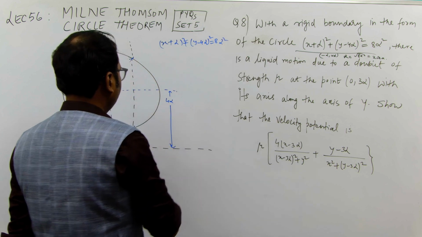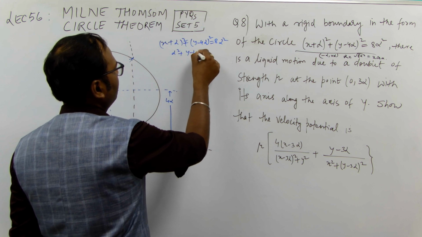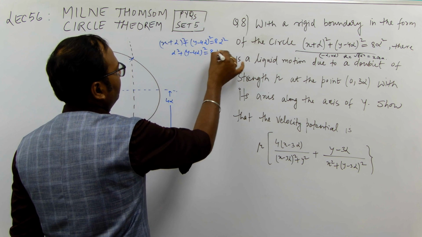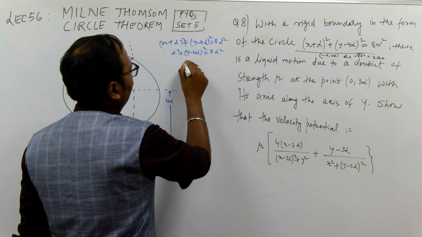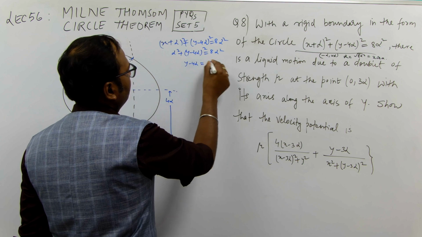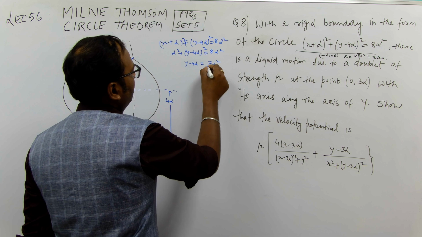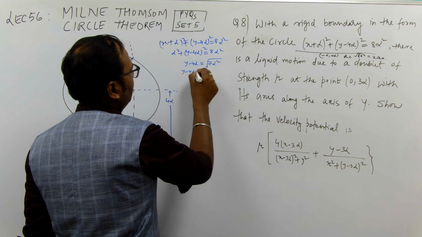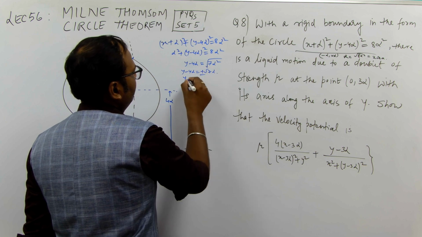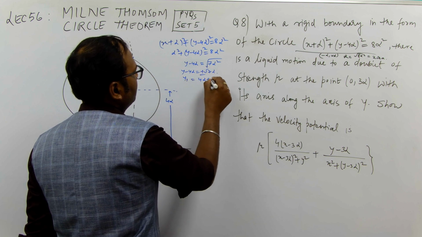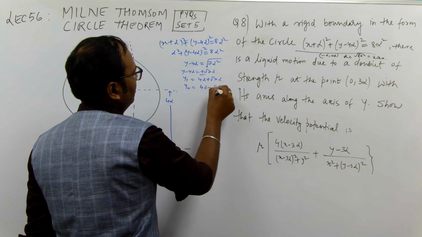Putting x equal to 0, alpha square plus (y minus 4 alpha) square equals 8 alpha square, so y minus 4 alpha equals plus or minus root 7 alpha. So y1 is 4 alpha plus root 7 alpha, and y2 is 4 alpha minus root 7 alpha.